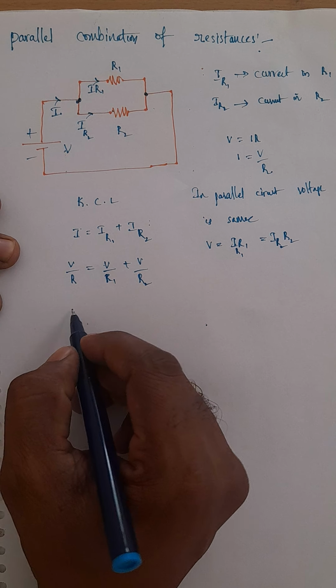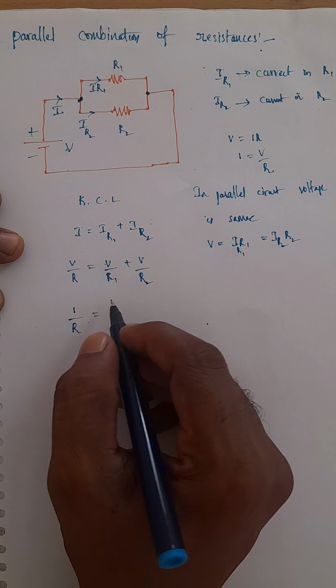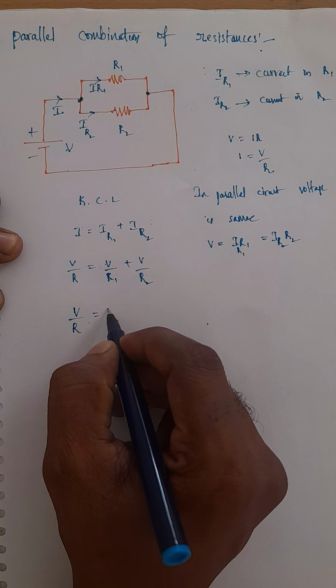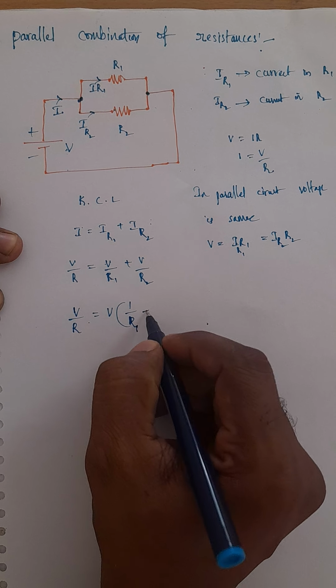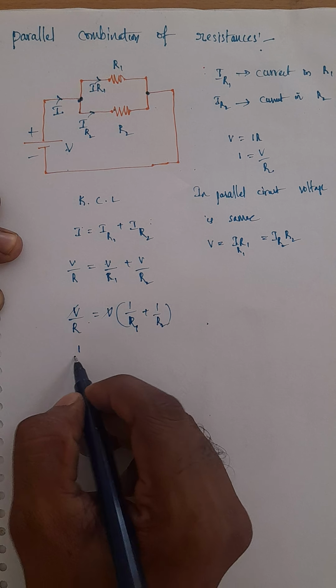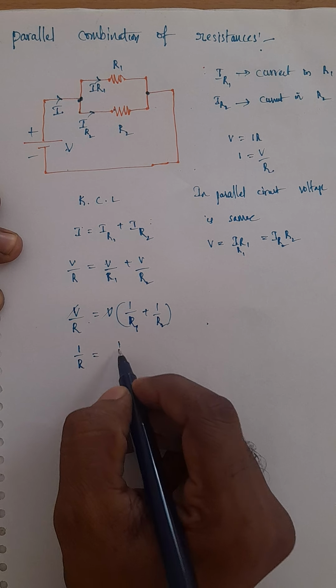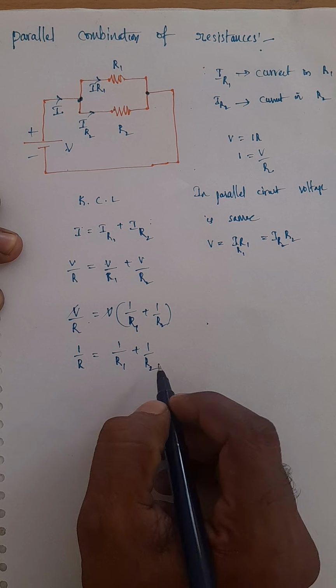So 1 by R is equal to, taking V common, V times 1 by R1 plus 1 by R2. V gets cancelled. Therefore 1 by R is equal to 1 by R1 plus 1 by R2.